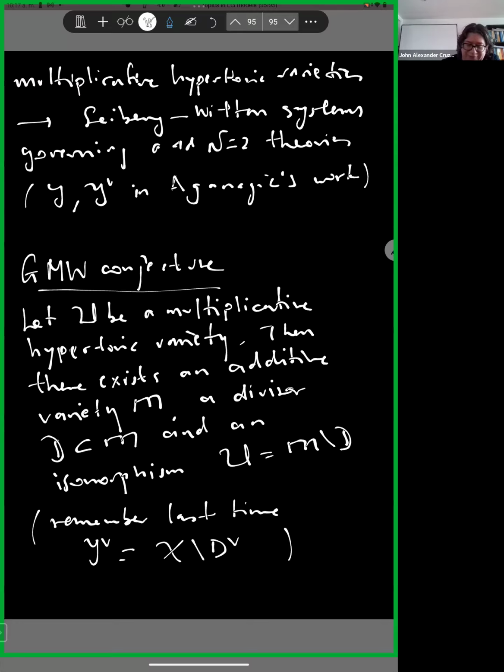In that sense, Y check was the multiplicative hypertoric variety and X was the additive one.